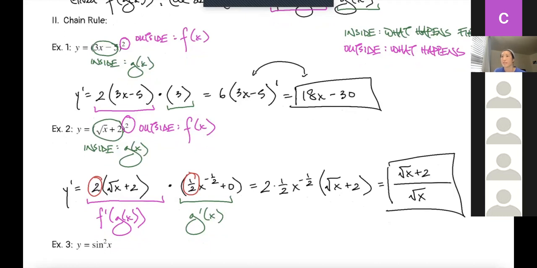Okay, let's see. Is this a good way to summarize or explain the rule? We are taking the derivative of f of g of x like it was f of x. But then we multiply it by g prime because we have a g of x instead of f of x, or instead of x. Yes, I think that is a wonderful way to summarize that.